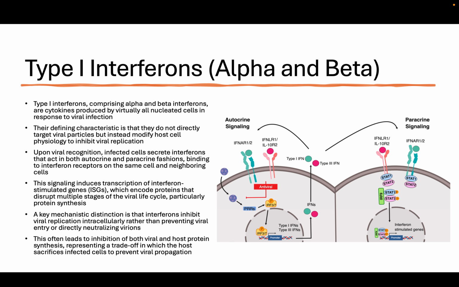So it's a trade-off, meaning that when these ISGs are turned on, they will stop the host from replicating its genome or its proteins, and they will also stop the viral genome and viral proteins from replicating. You're stopping your viruses from pushing out, but they also stop your host cells from replicating.